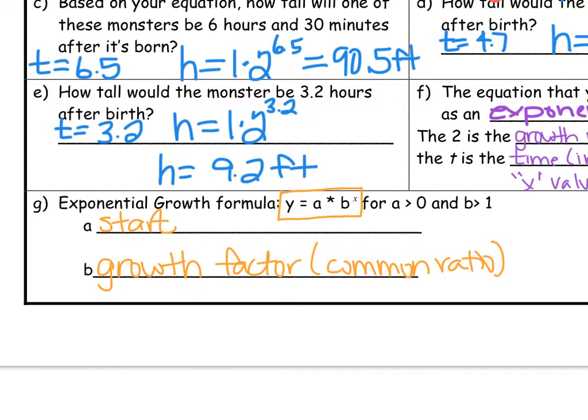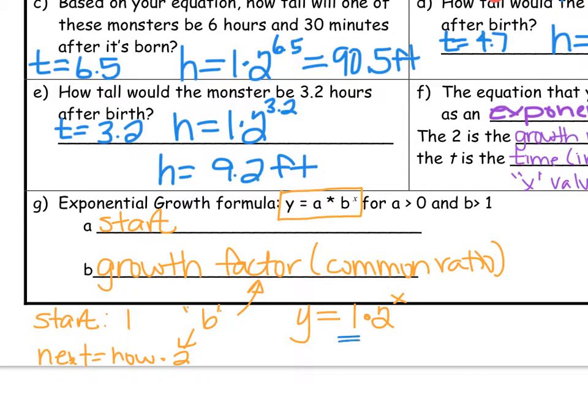So if we look at our now next for our monsters, our start was 1. Our next was equal to now times 2. So this is our b, which is our growth factor. So if we put this in the equation where y is the height of the monster, it started out at 1 foot. Its growth factor, the b, is 2, and x in this case would be time in hours.